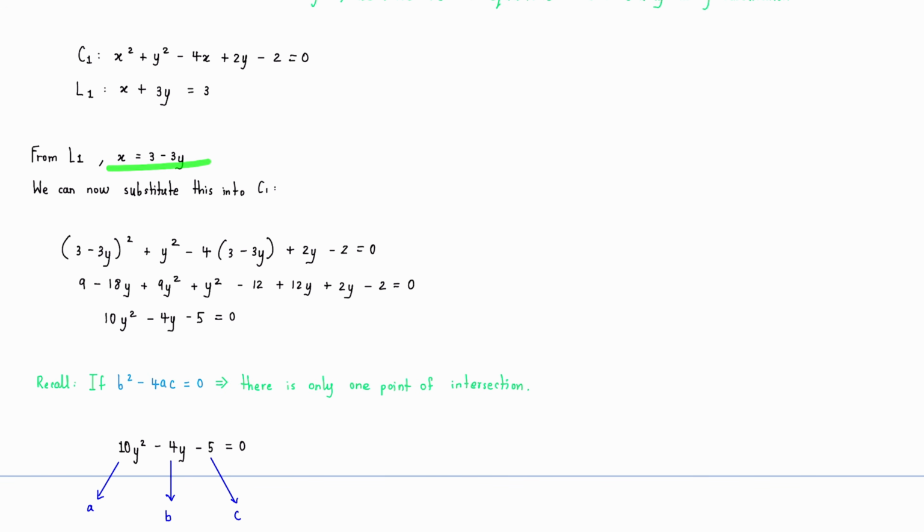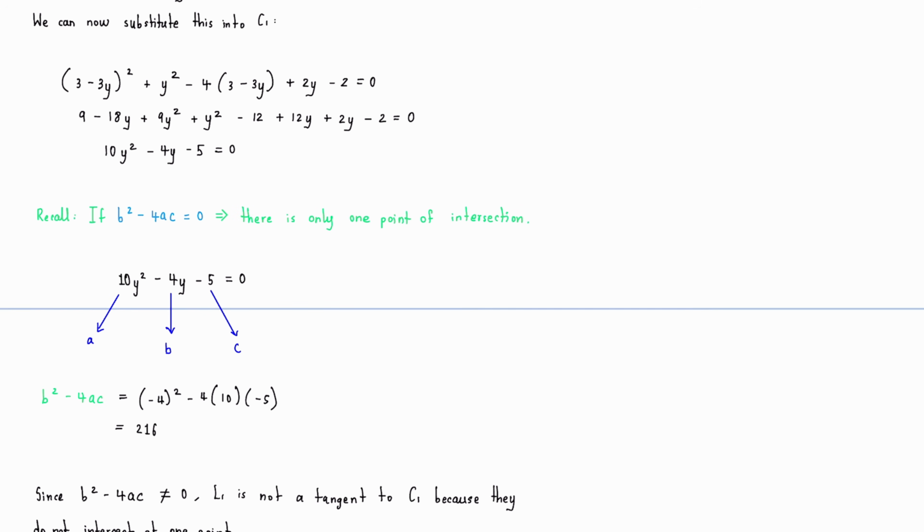So we're going to substitute the line into the circle, and we're going to simplify to get 10y squared minus 4y minus 5 is equal to 0. Now, if b squared minus 4ac is equal to 0, there's only one point of intersection. So that's what we have to test for. Remember, again, the quadratic ax squared plus bx plus c is equal to 0.